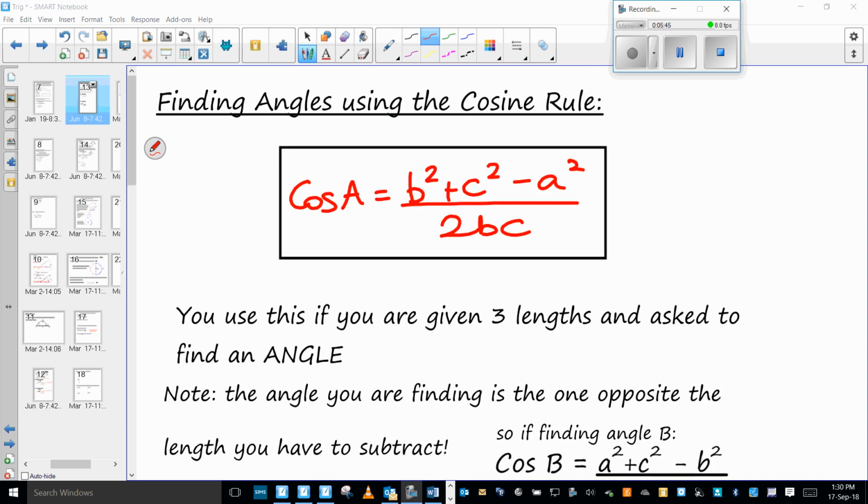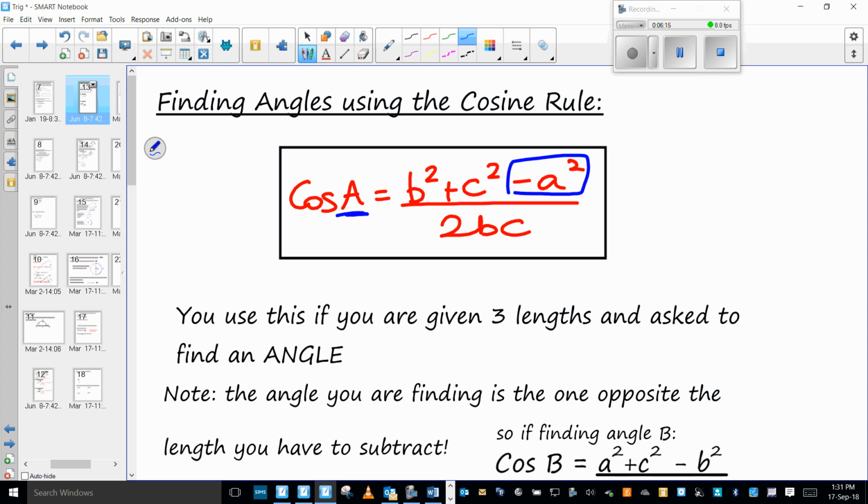Alright, so you get given this, you don't have to learn it. And this is to try and find an angle. You're given both of them, so you don't need to learn either of them. If you're trying to find an angle, the side length opposite it is the one that we are subtracting.